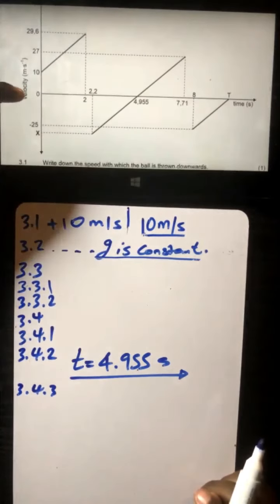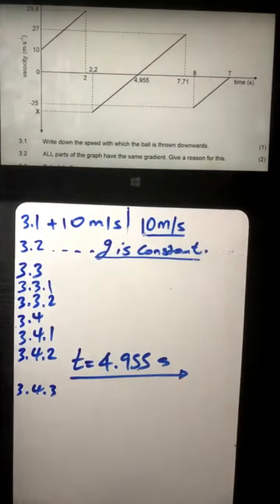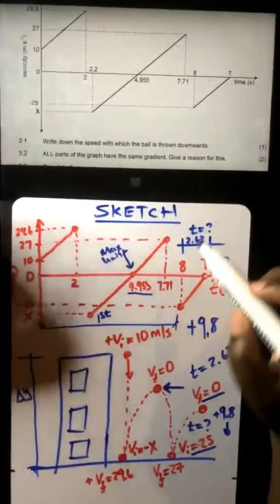Sorry, sir. Before you move on, can you go back to the diagram? I just want to ask something there.